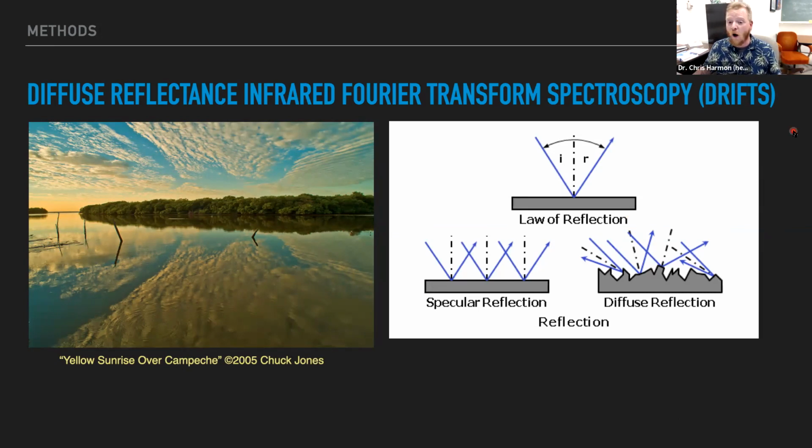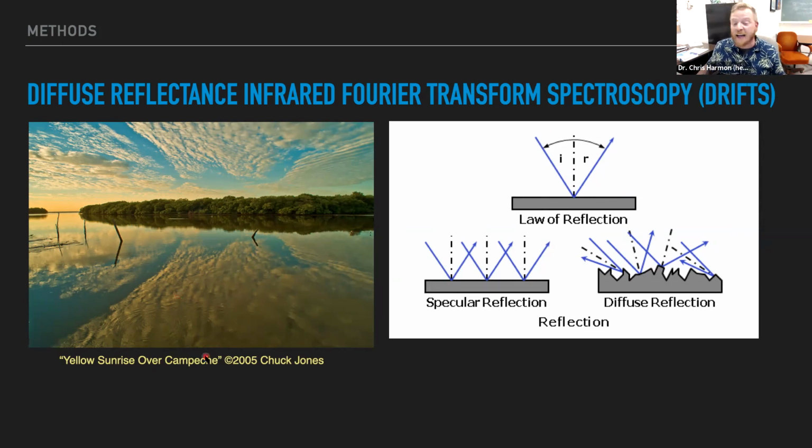So we recall the law of reflection. If we have an atomically smooth surface, let's say, then our angle of reflection will match our angle of incidence. And of course, it doesn't have to be perfectly atomically smooth to observe this. For example, in this picture right here, taken early in the morning, perhaps we've seen something like this, right? Where we get this beautiful specular reflection off of a calm body of water.